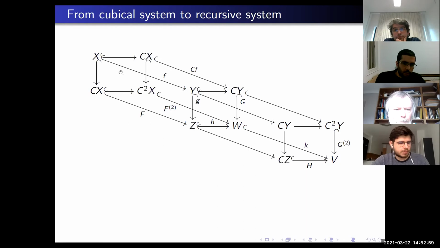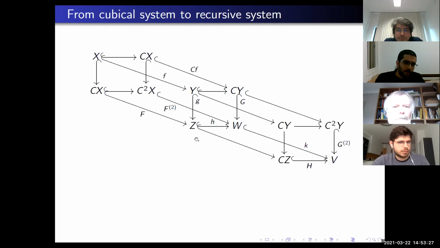You know what I mean by Toda system? It's all the maps, the null homotopies, the second order null homotopies, maybe more if you have a longer sequence. This diagram encodes all the information. Here maybe I wrote everything as cofibrations, but suppose you don't have anything, just objects and maps.